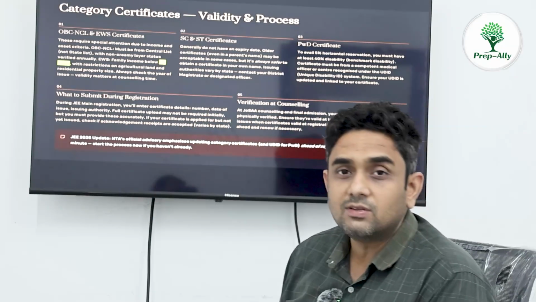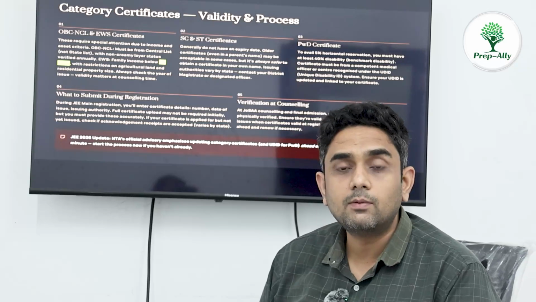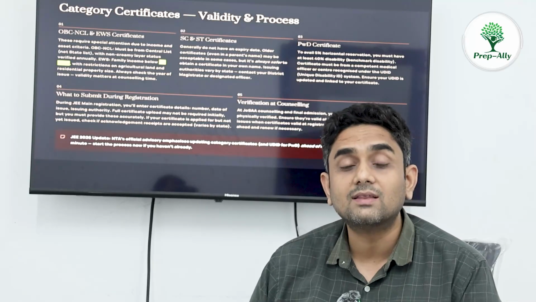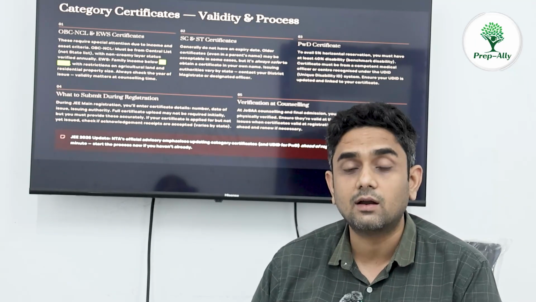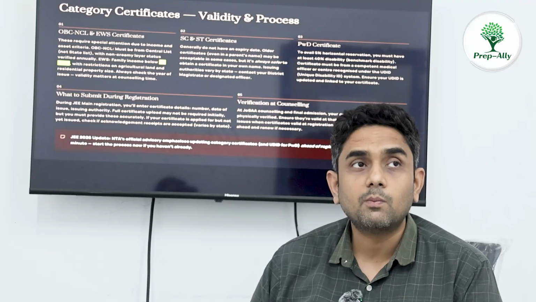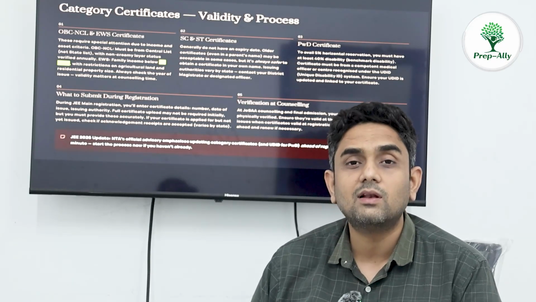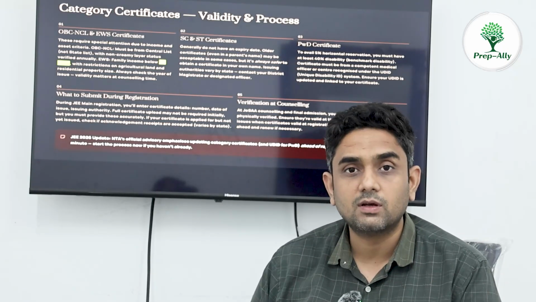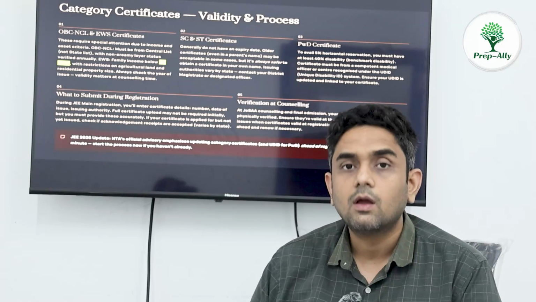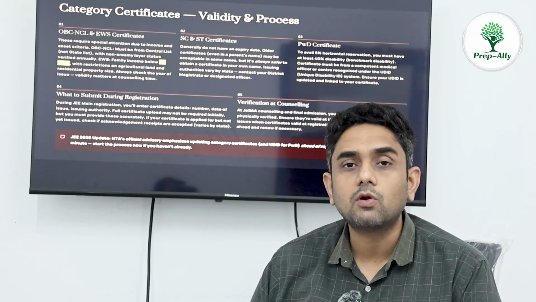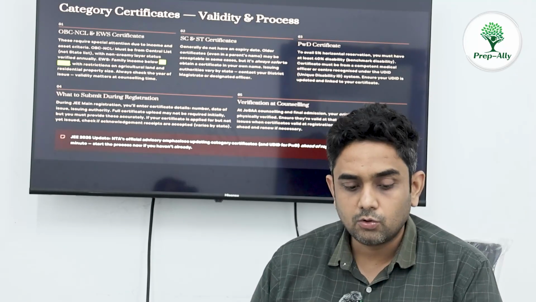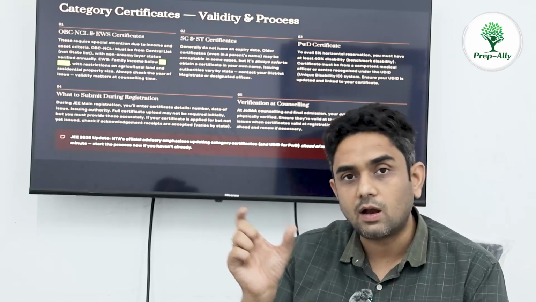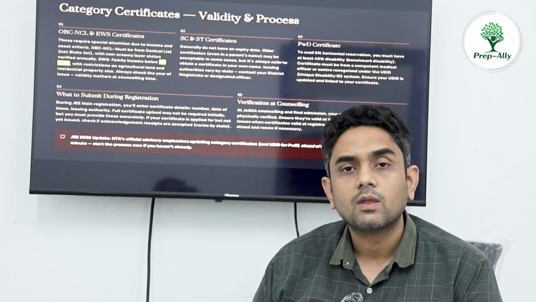Now coming to the PWD certificate. Again for the PWD certificate, it's important that you have a card like a UDID card. Many times hospitals will give a certificate for the physical disability category, but all those certificates are not necessarily accepted. So just like you have an Aadhaar card, you will also get a UDID card.